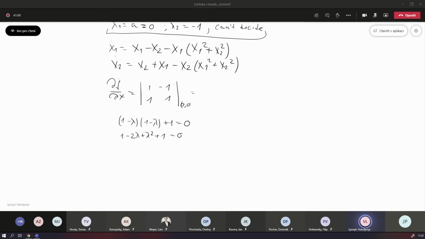Okay, and lambda squared minus 2 lambda plus 2 equal to 0. Okay, lambda 1, 2 equal to. Do you have answer? Lambda 1, 2 equal to.